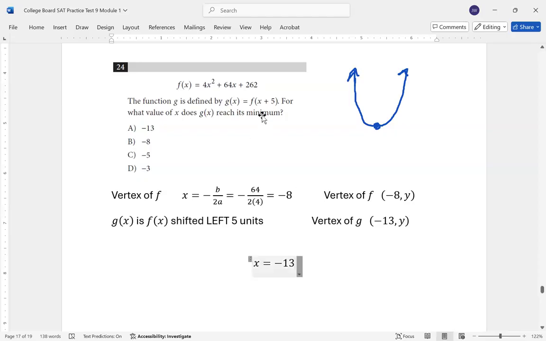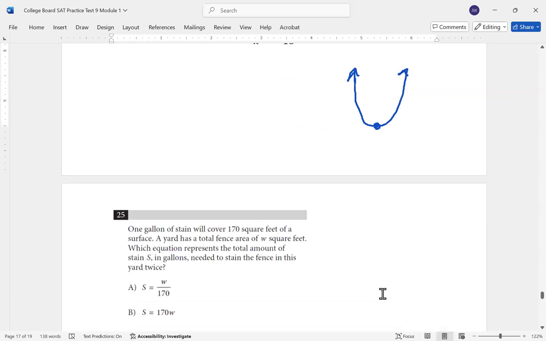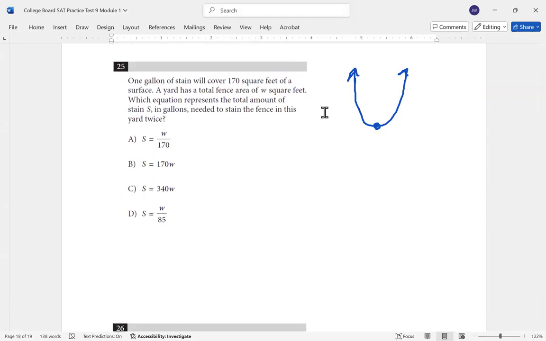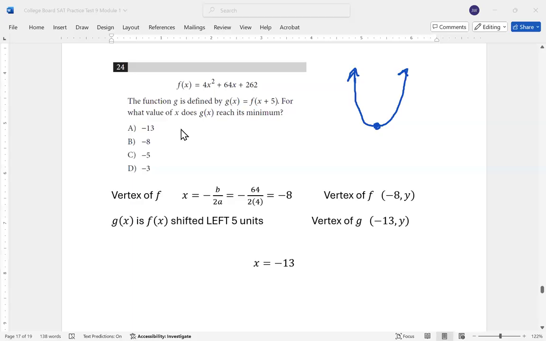Again, if you wanted to, you could replace all these x's up here with x plus 5s, but it's more work than we really need to deal with. So x equals negative 13 is the answer to question 24. I forgot to mention that's option A. So option A is the correct answer to question 24.